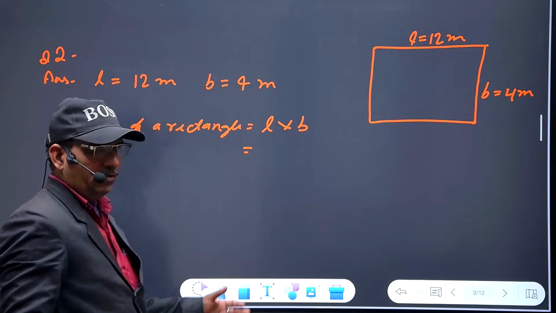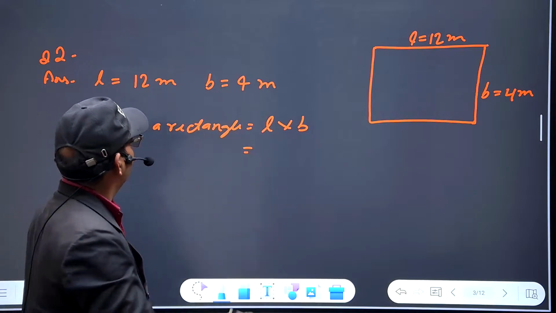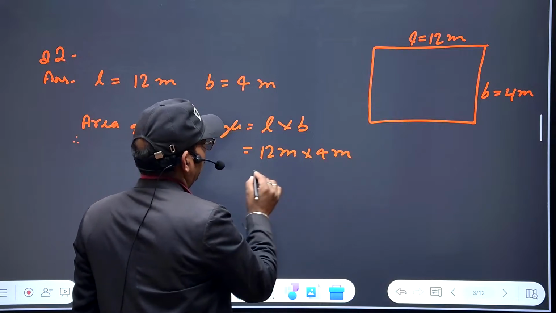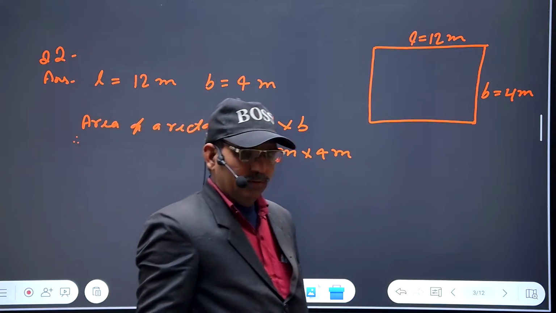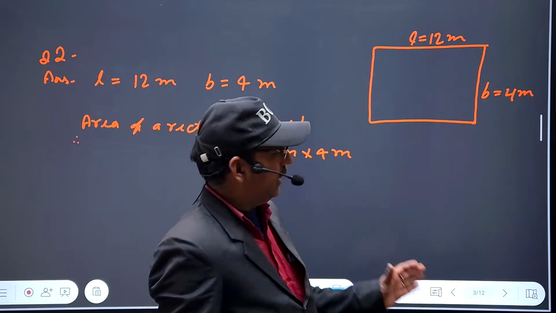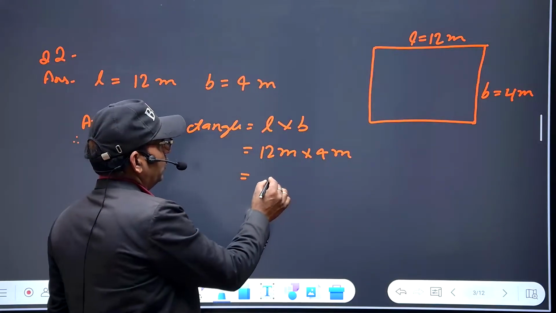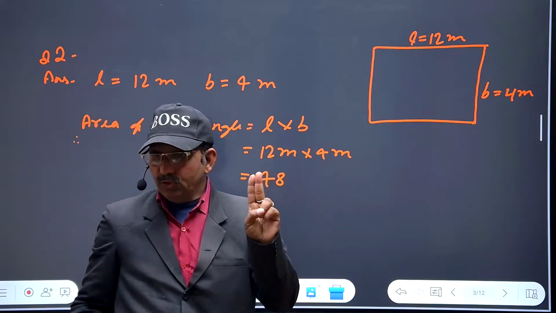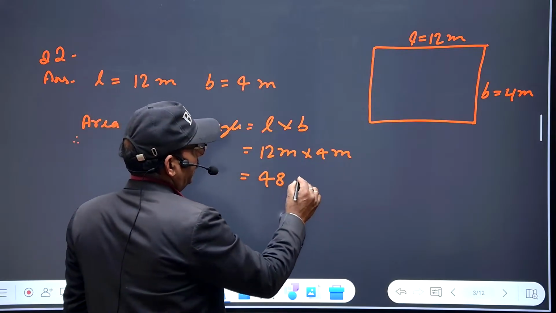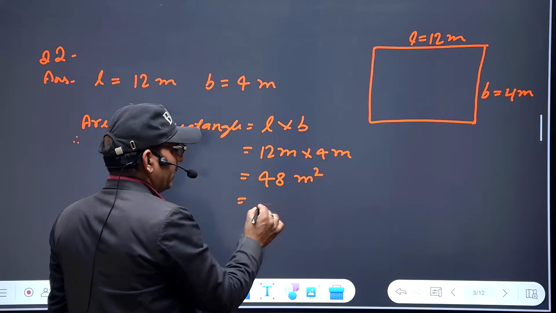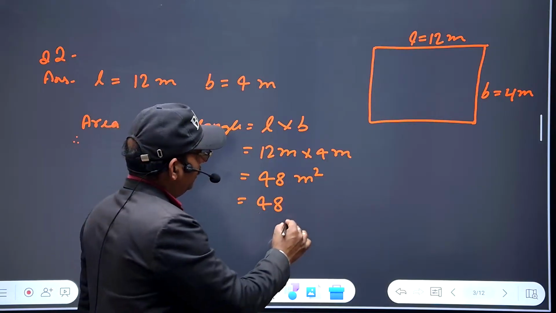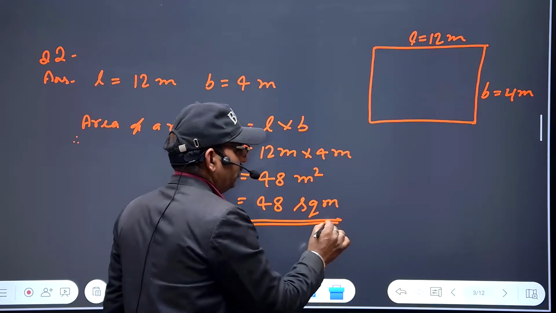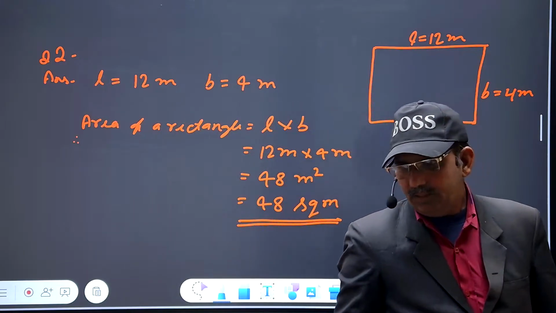After that you will put up the value: 12 meter and 4 meter. If we multiply, what will we get? 12 times 4 is 48. So write here 48, and meter and meter are two, so if you multiply, you can write 48 meter square, or you can write 48 square meter. So by this process, you can find out the area of the rectangle. Is it clear?